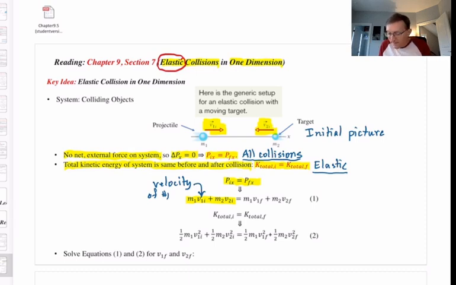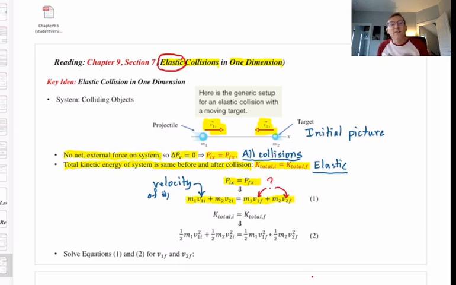So the way we will write that in symbols is M1 times V1 final plus M2 times V2 final, where generally speaking, V1 final and V2 final are unknowns.